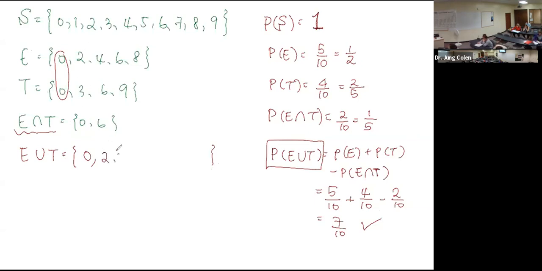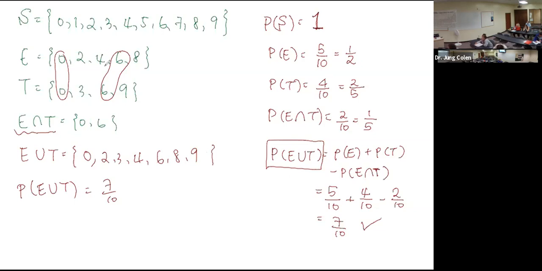I see 2 is there, 3 is there, 4 is there, 6 is in both. You can just write it once, you don't have to rewrite it again and again. And 8 and 9. And I can count them: 1, 2, 3, 4, 5, 6, 7. So yes, probability of E union T is 7/10. You can check your answer that way.